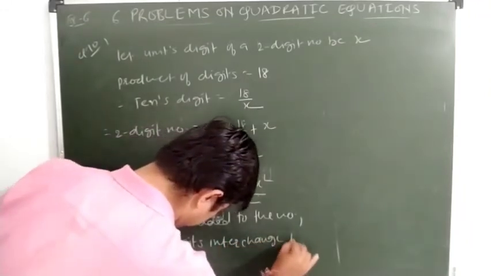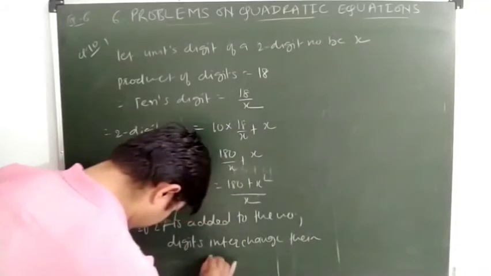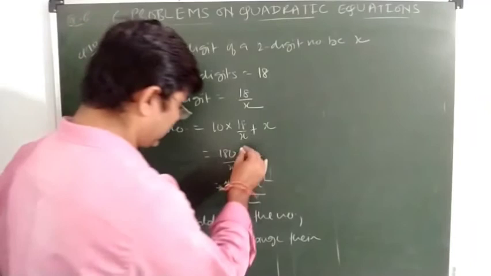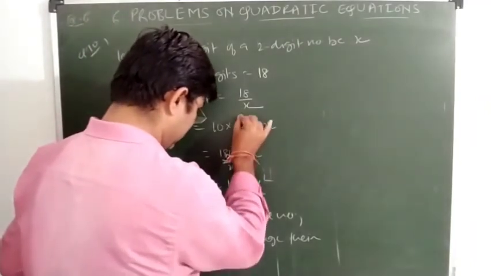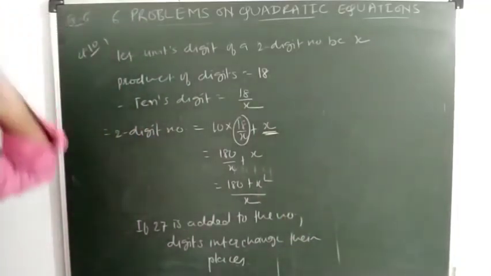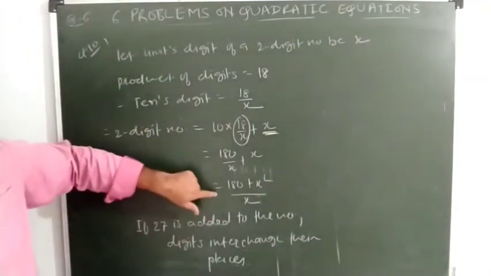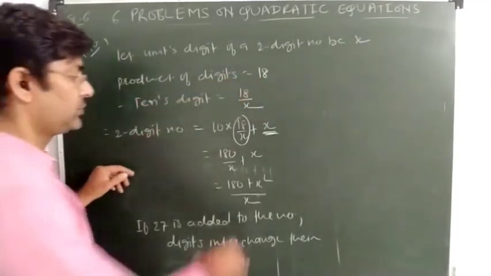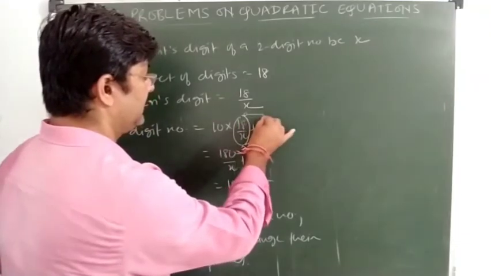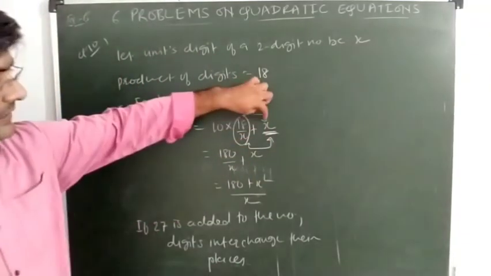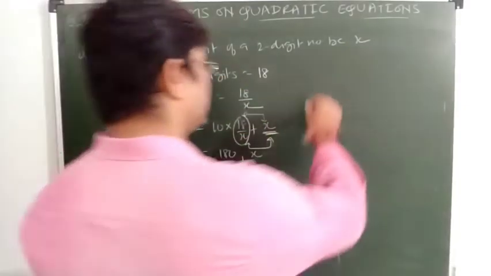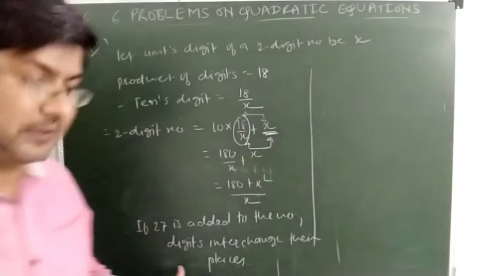If you look over here, this is the tens digit and this is the units digit. So if you add 27 to this number, the digits will be interchanged. We will interchange. Yes or no? It means x will come in the tens place and this will go in the units place. So you will write down this statement like this.